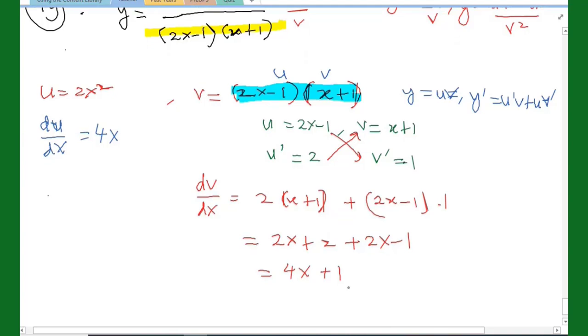Okay, settle. Now this one goes with v, and this one goes with this one.